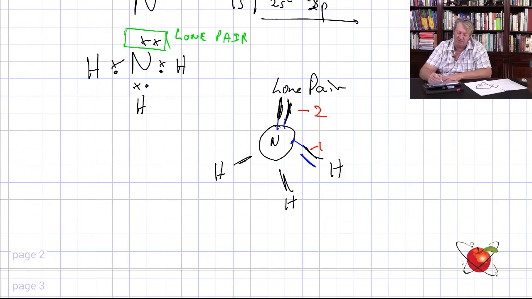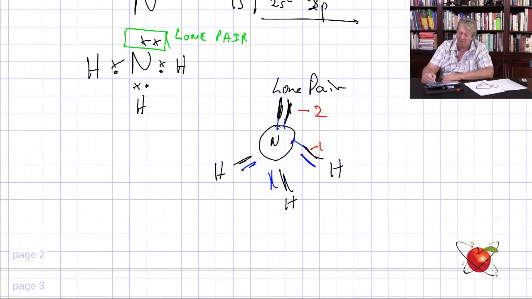These 2 are with the nitrogen. The ones that are with the hydrogens over here, if you look at the difference in electronegativity of 0.9, what is it saying? It's saying that on that leg there, let's draw it, nitrogen and hydrogen.